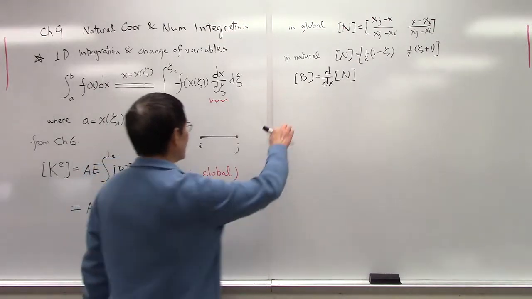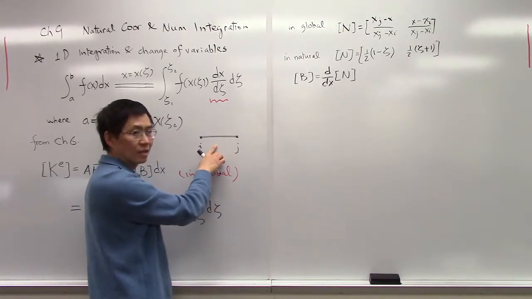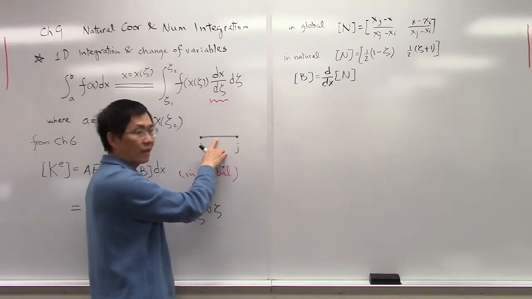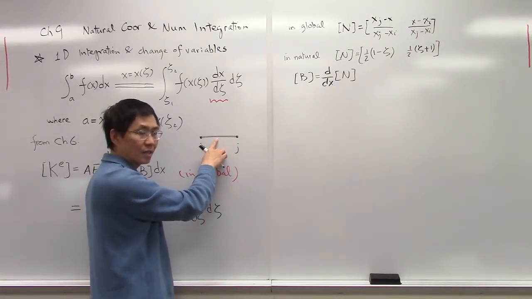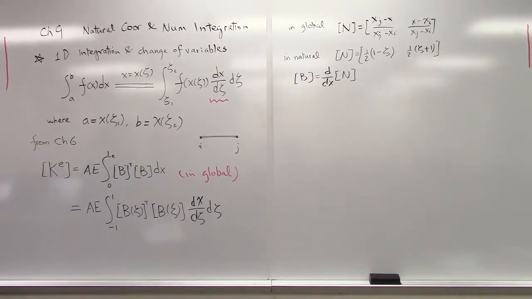In 1D case, we have a formula which says x is equal to x middle point plus half the length times theta. That's the formula. However, for more complicated case like the 2D case, a simple formula like that is not as simple.